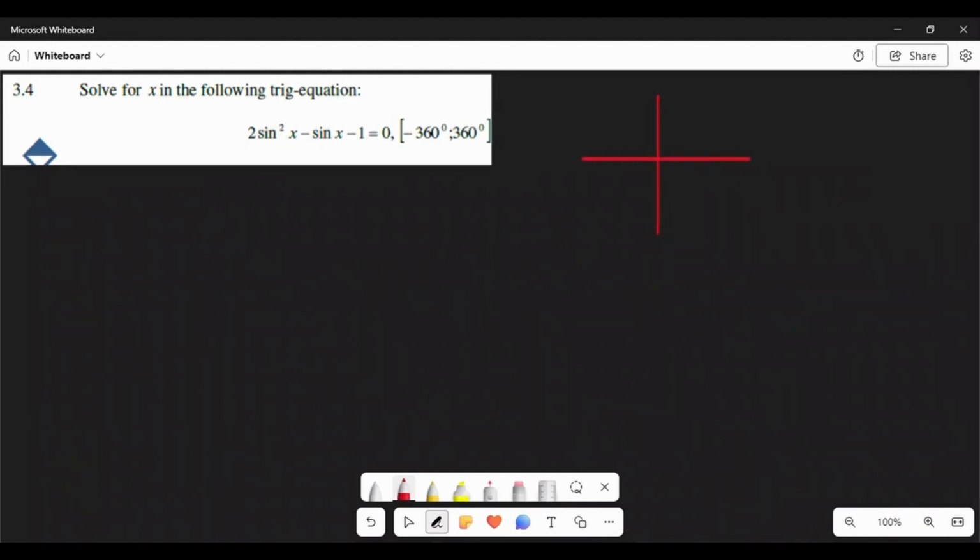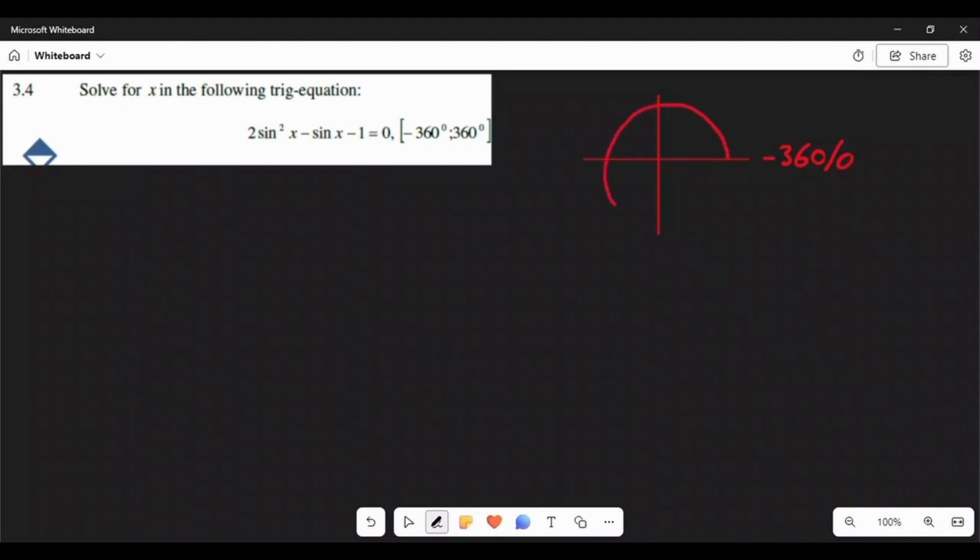We are moving from negative 360 to 0. Let's write it. This is when we are moving from negative 360, which is going to be somewhere here, and then we move to 0. This is how it's supposed to look. We must get the angles that belong here.